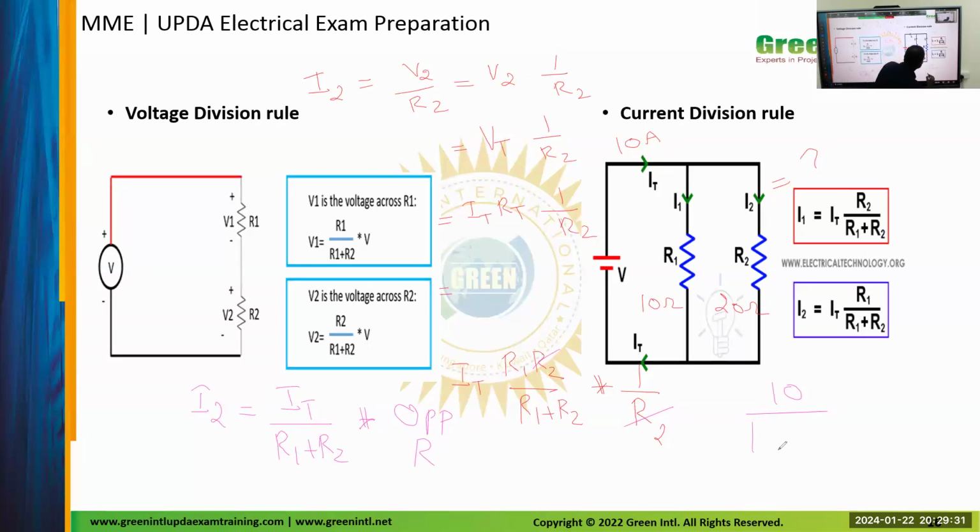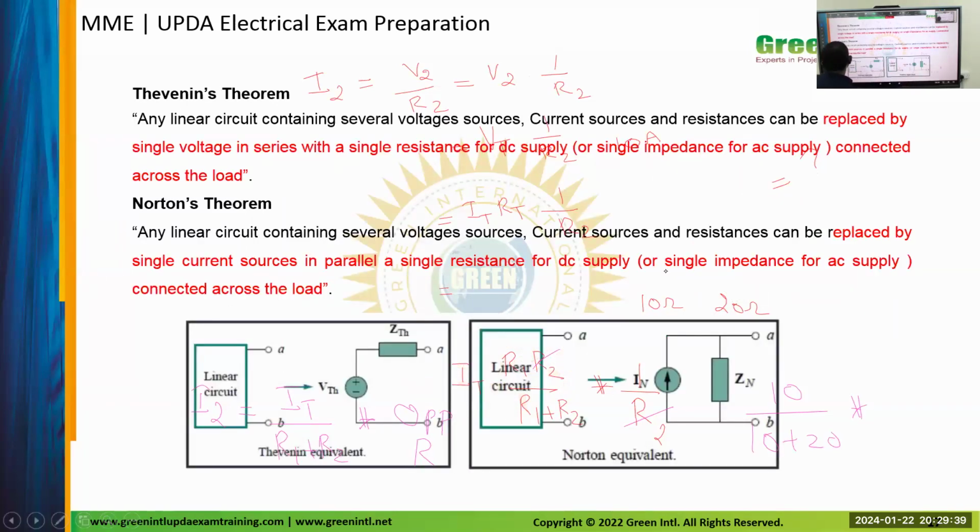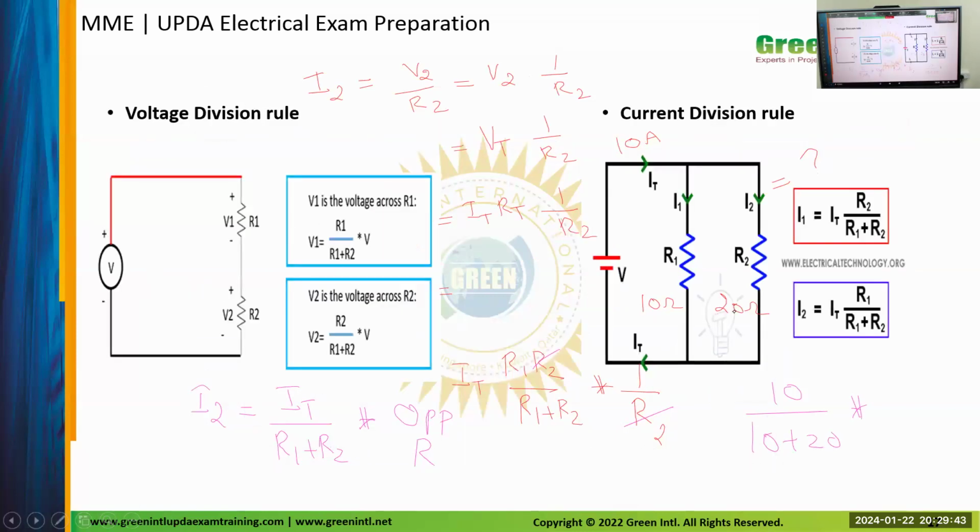So 10 plus 20, into, so we need to calculate the I2 current. So we need to multiply with the opposite branch. So opposite branch R1, so that's why 10.